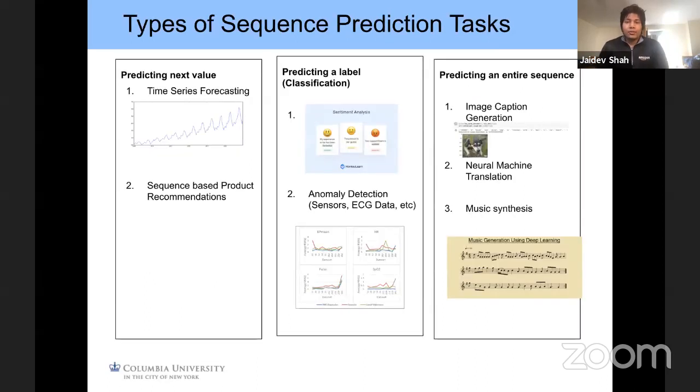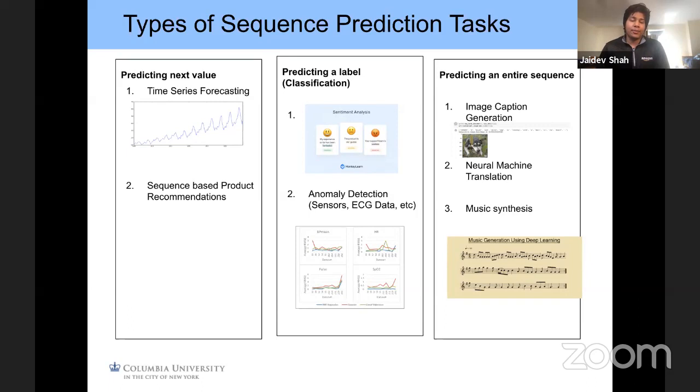So how can you classify sequence prediction tasks? Well, there's three main things, right? So you can predict the next value, and this is like the next numerical value. So this would be time series forecasting or sequence-based product recommendations. So today, if you look at a lot of our news feeds, they are curating content for you.